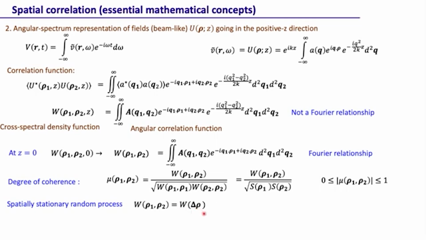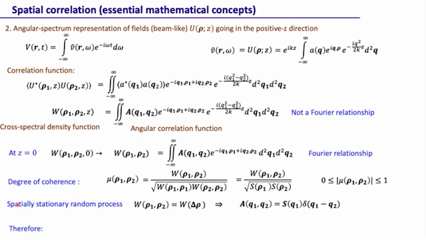If this side depends only on delta rho, then this side also has to depend only on delta rho, and the only way that can happen is when A(q1, q2) has this form, that is S(q1) delta(q1 minus q2). This basically says that if the process is spatially stationary, the different q components should be completely uncorrelated. This is the same as what we had for the temporally stationary process. This is the same condition.